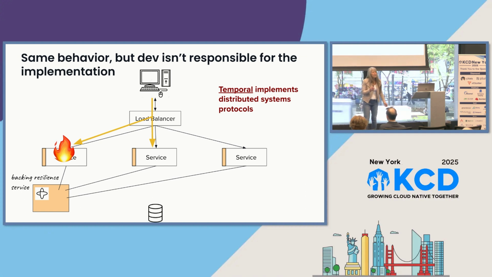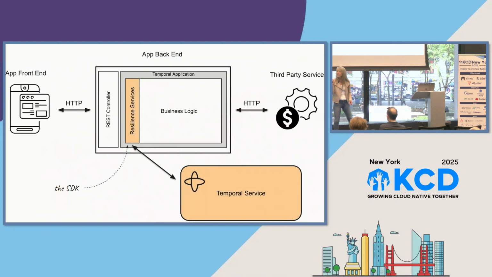So how on earth does Temporal do that? Well, notice the little orange that is attached to each one of the services. That's the SDK. So the SDK is what's implementing those protocols. It's implementing retries and circuit breakers and event-driven protocols. It is what implements all of that. And so here's drilling into it a little bit more.